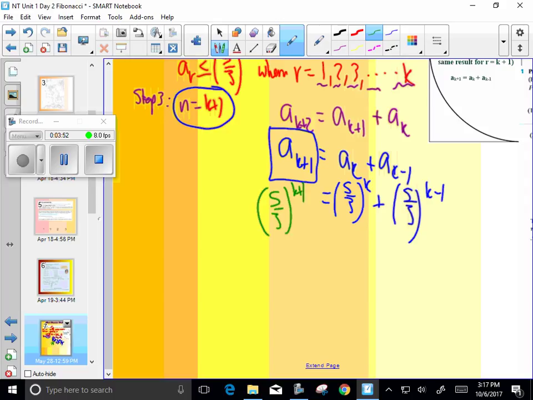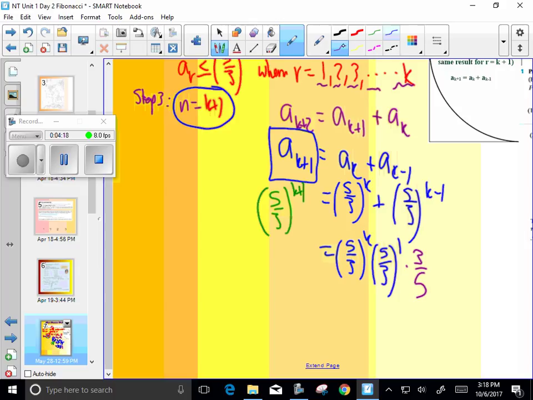So we want this side to have a (5/3)^(k+1). To do that is going to take a little bit of algebra. (5/3)^k times (5/3)^1 will get me that (5/3)^(k+1). You can't do that unless you multiply by 3/5.